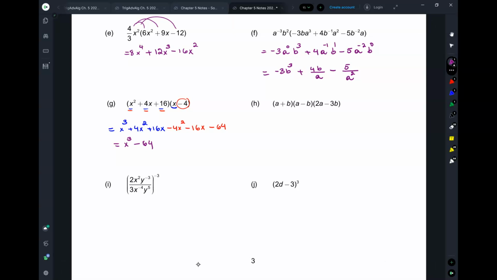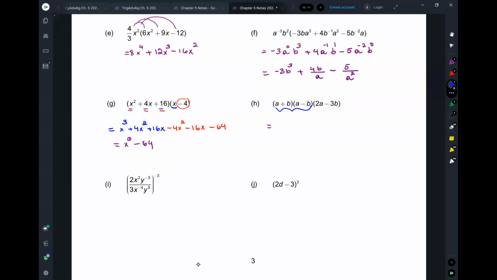Okay, how would you do this next one? When you've got three binomials to multiply with each other, first do two of them. In order to decide which two to do first, if there's a pattern like this, please do that first.